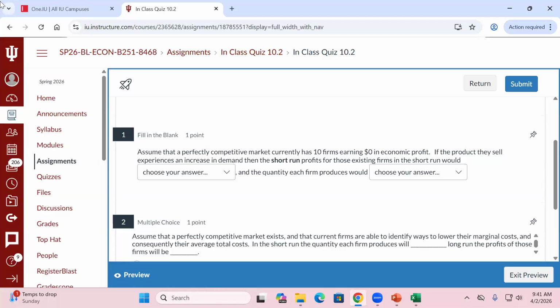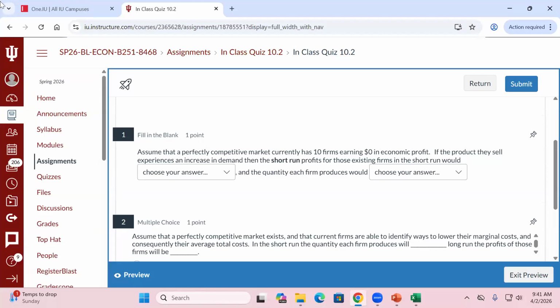Here, this would represent, in the second scenario, profits that are positive because I don't have price equal to average total cost anymore. This new price is above my average total cost. So increases in demand will increase the quantity of the firm. The question didn't ask about this, but what's going to happen to the quantity in the market?